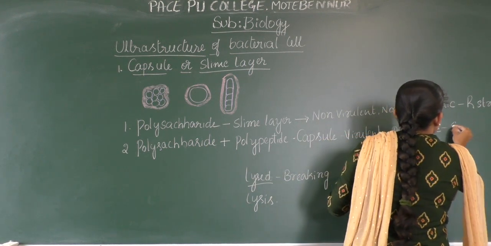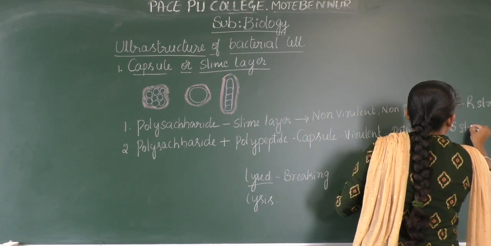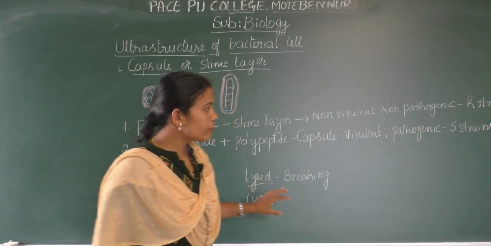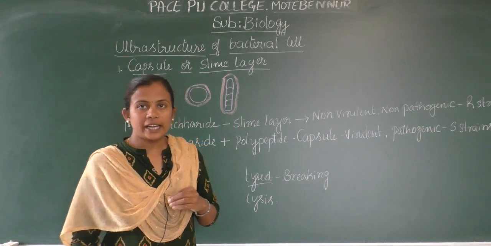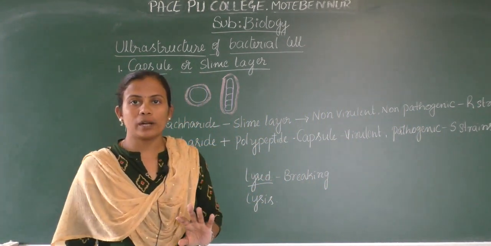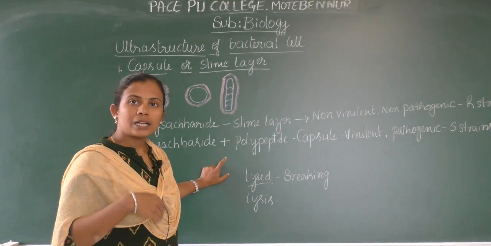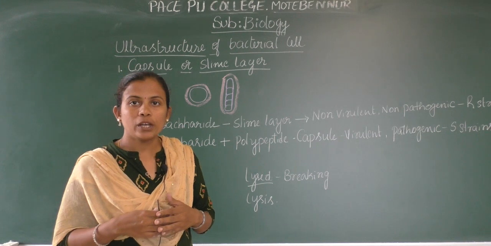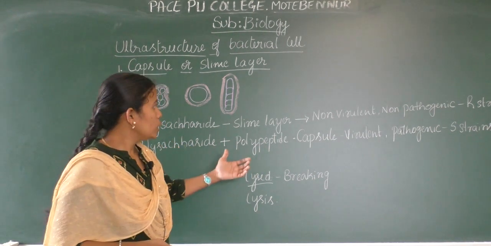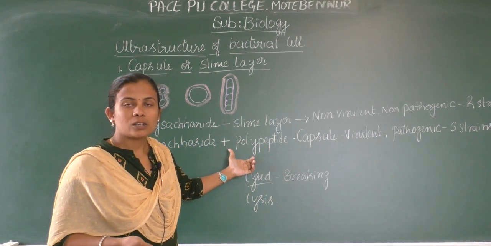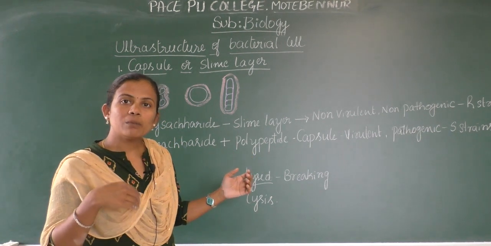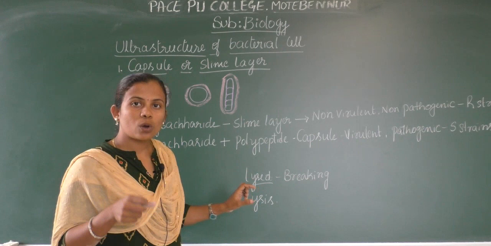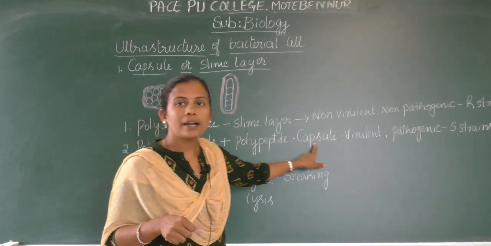These are S strain or smooth strain. If we take any antibiotic, that will not work properly, or they will resist the antibiotics, or the immune cells of our body will not respond properly to these types of bacterial cells. So the symptoms become severe in such bacterial diseases.